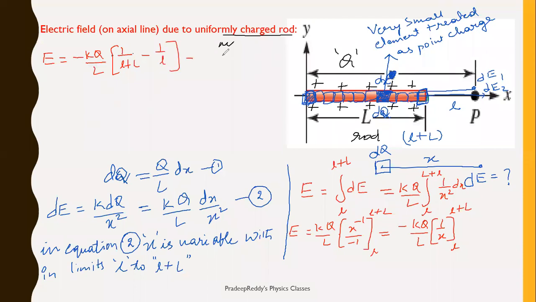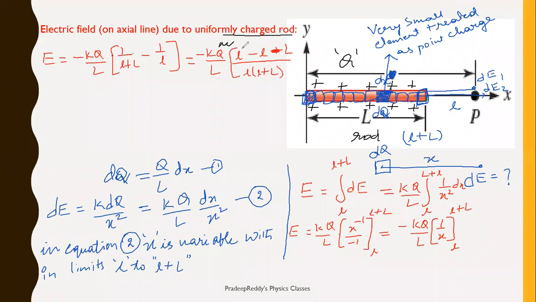This is equal to minus K capital Q divided by L into 1 by l minus 1 by l plus capital L.